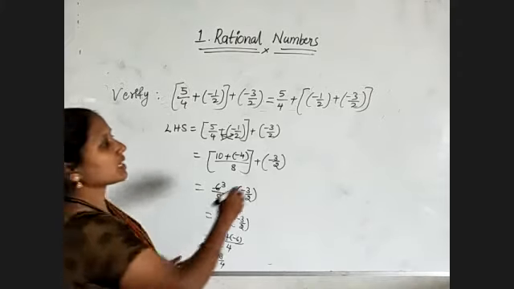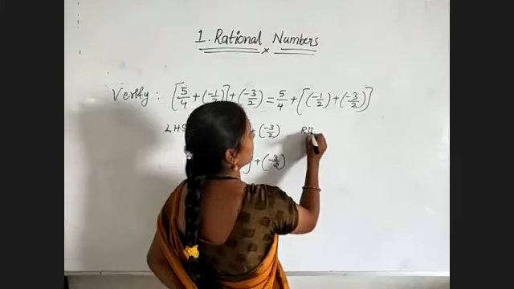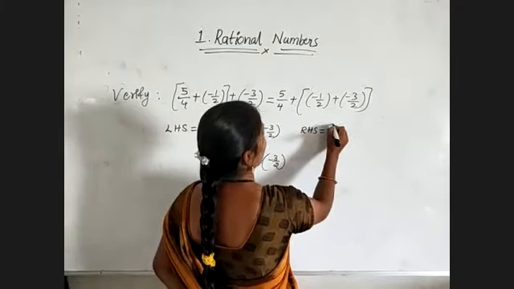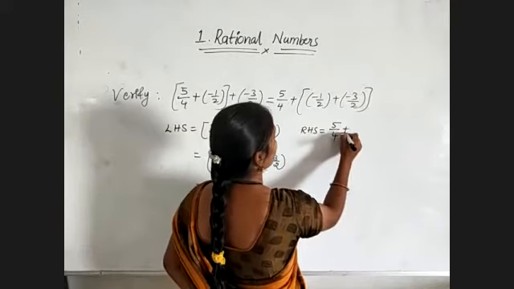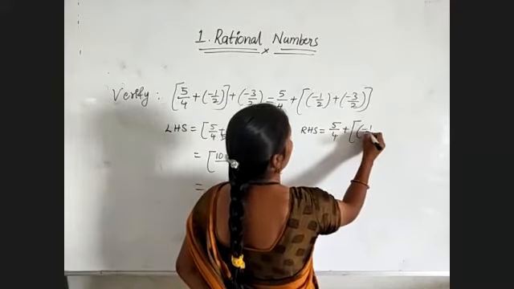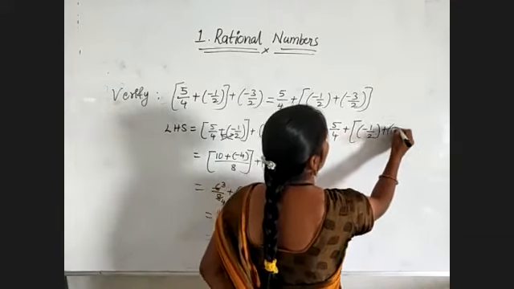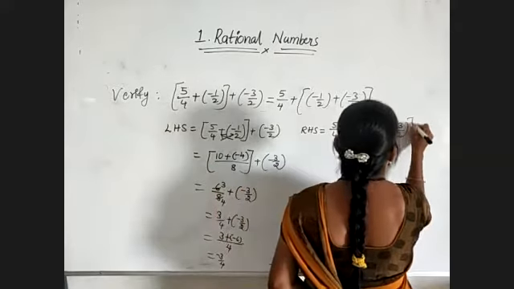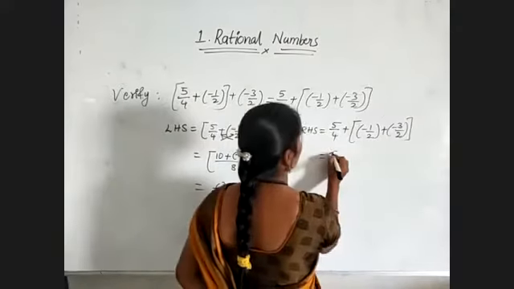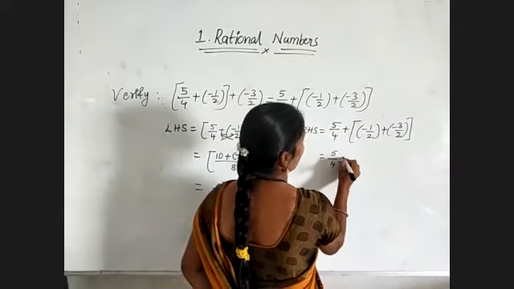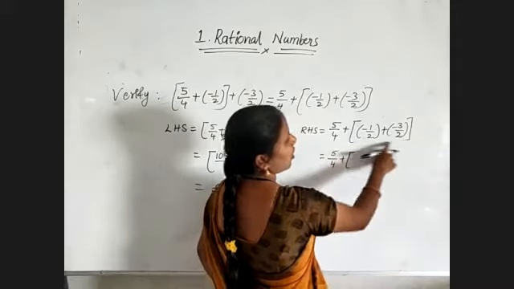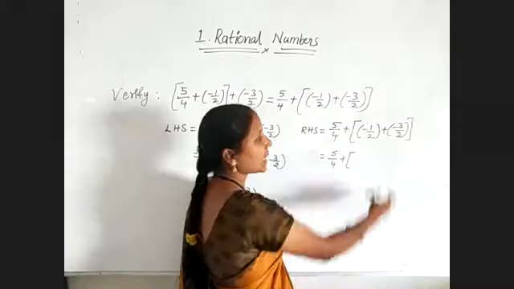Now coming to the RHS. 5 by 4 plus of minus 1 by 2 plus of minus 3 by 2. So which is equal to 5 by 4 plus of, common, like fractions.